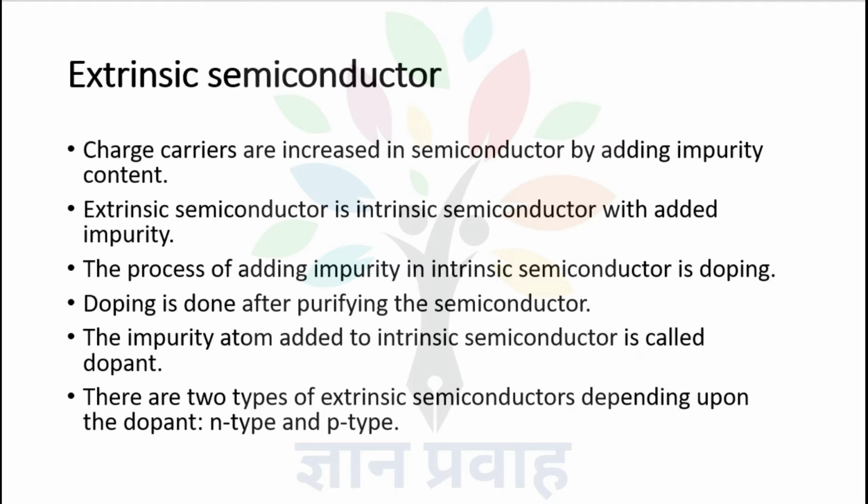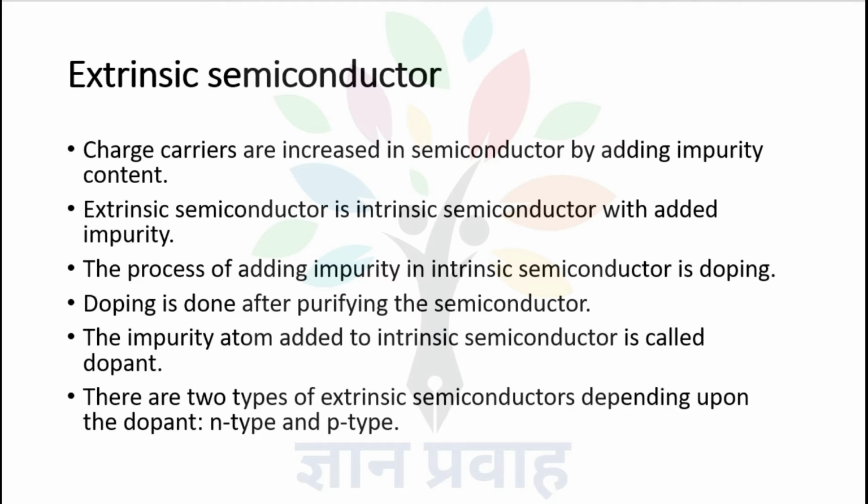Impurity atoms are added in intrinsic semiconductor material because intrinsic semiconductor material is the purest form of silicon material or germanium material or semiconductor material. So when impurity atoms are added in intrinsic semiconductor material, it is called extrinsic semiconductor material, and the added impurity atoms are called dopants.